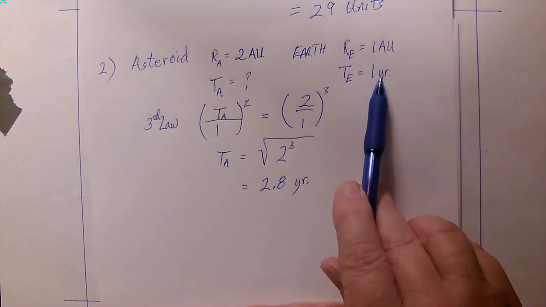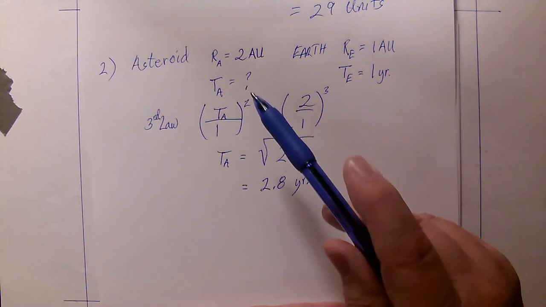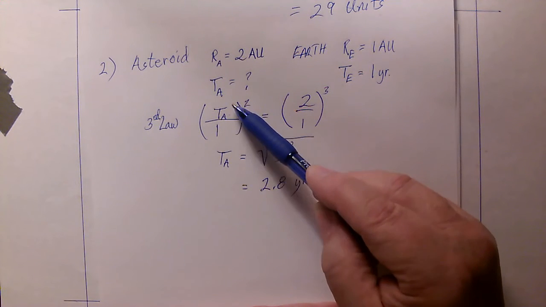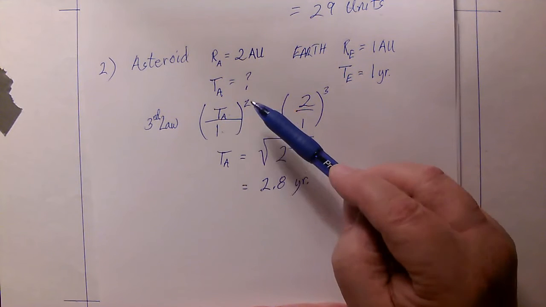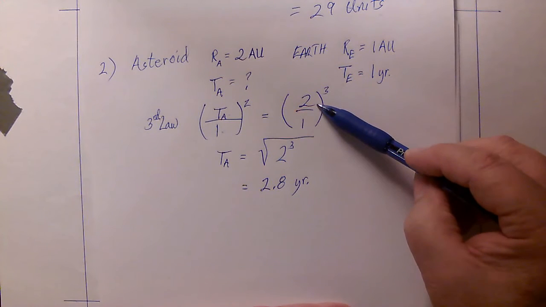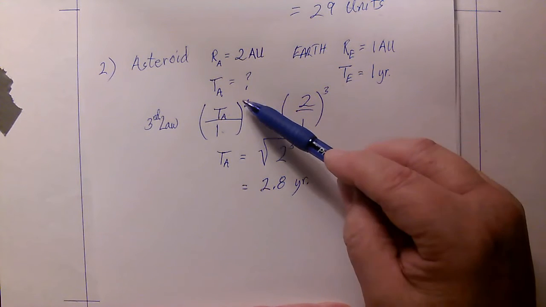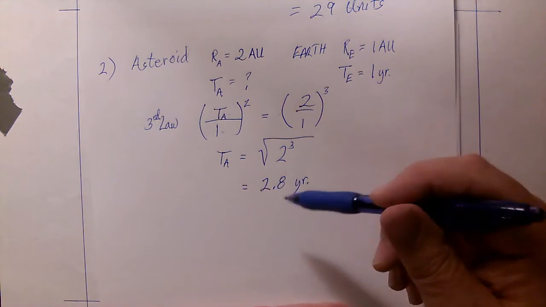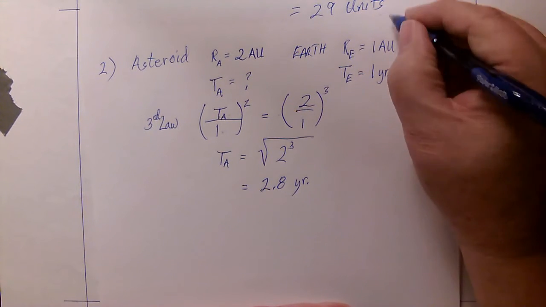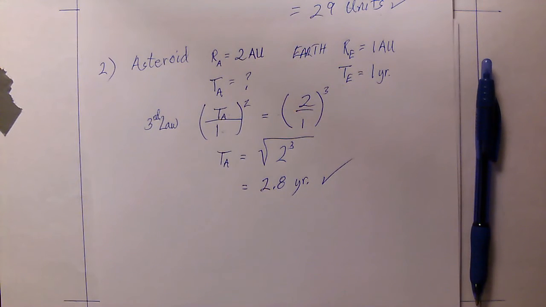The Earth period is 1 year. So using the third law, unknown on top, TA over 1 year, squared is 2 AU over 1 AU, cubed. To get TA, we take the square root of 2 cubed, and we get 2.8 years. And that's correct.